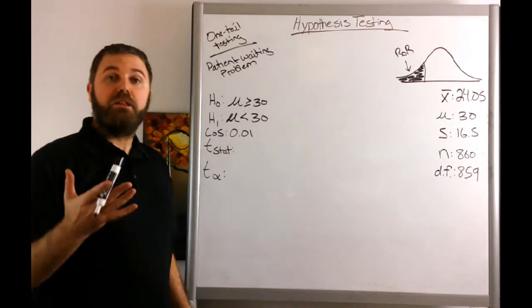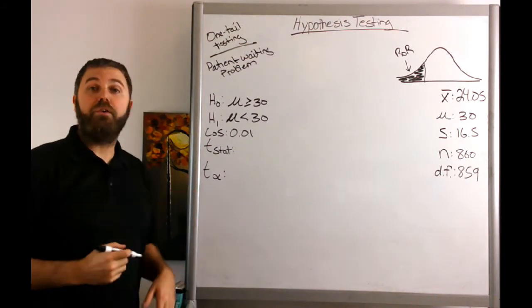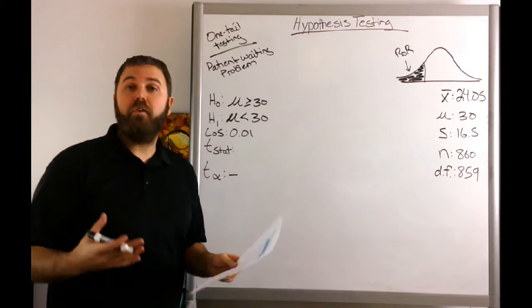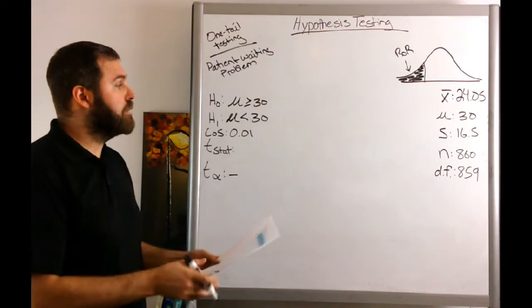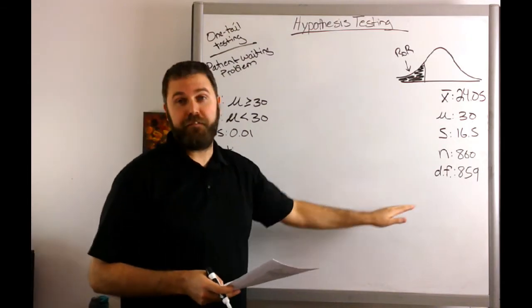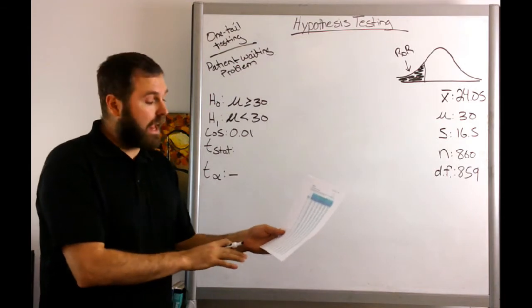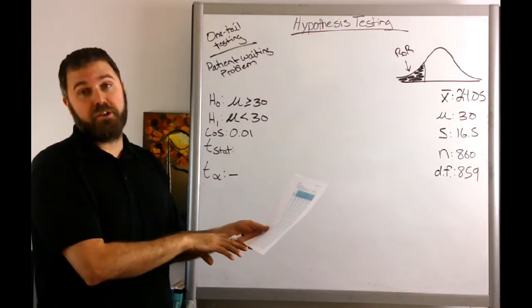Since we have a lower tailed region of rejection, our critical value of t is going to be negative. For our critical value of t, we look at the degrees of freedom on our t-table. We have 859 degrees of freedom, and the t-table doesn't go up that high, so you would just go to the closest, which would be infinite degrees of freedom.